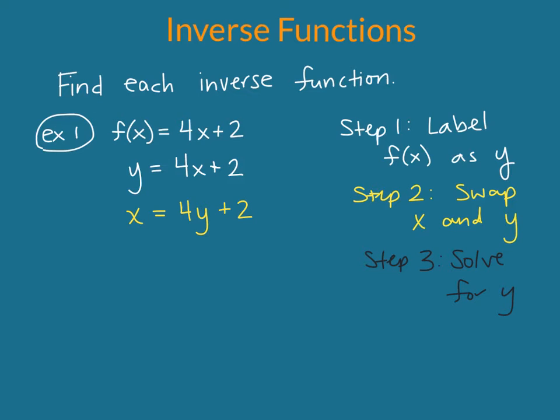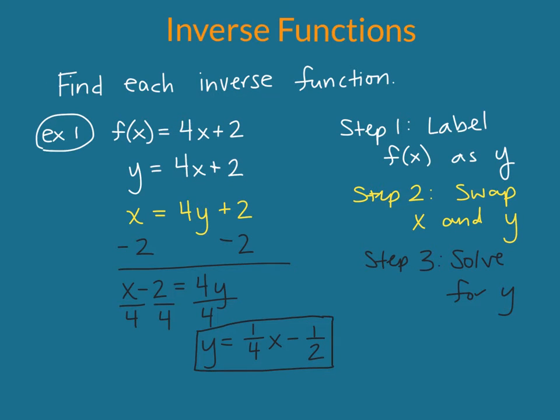So we'll solve for y, we'll subtract 2 from both sides. So we'll have x minus 2 equals 4y, and then divide everything by 4. So we'll have y equals 1/4 x minus 1/2.